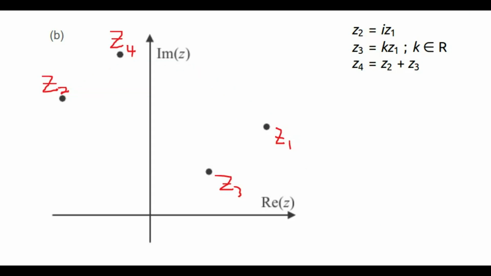Part 2 asks you to write down the approximate value of k. So remember, k is the number that you multiply z1 by to get z3. Now because z3 is closer to the origin than z1, you know first of all that k is a fraction that's less than 1.